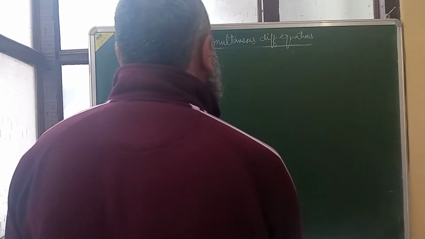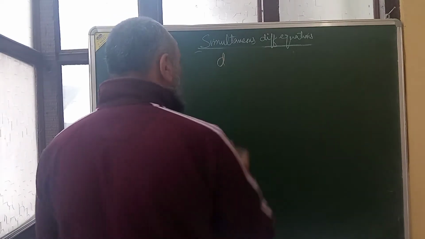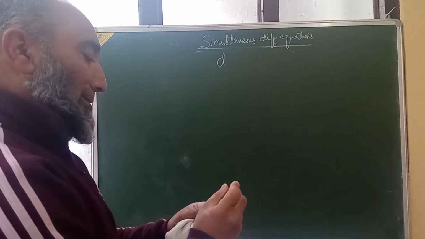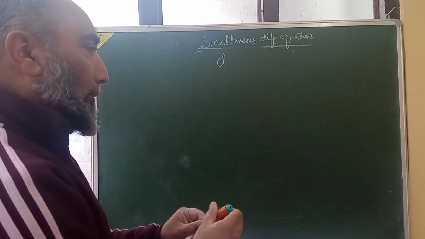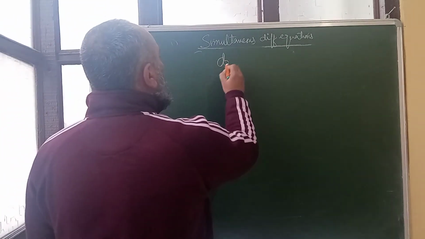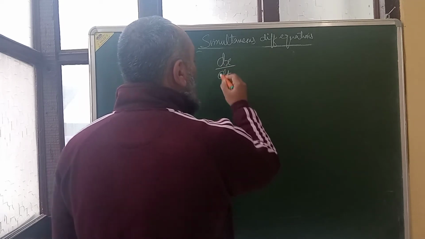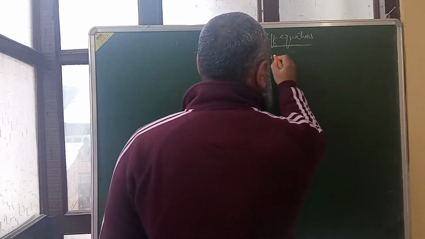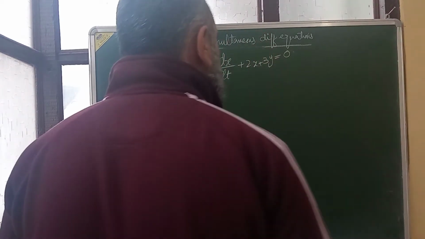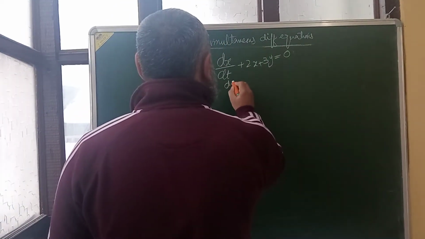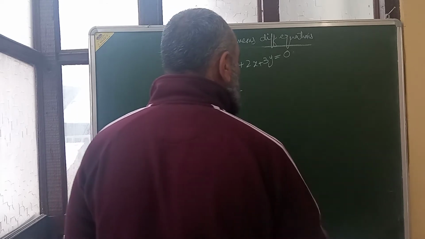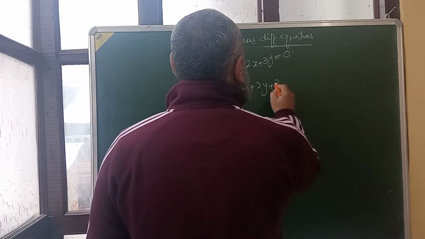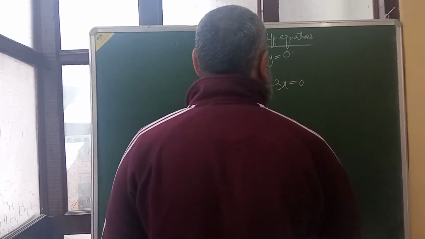For example, I have dx by dt plus 2x plus 3y equal to 0, and dy by dt plus 2y plus 3x equal to 0.